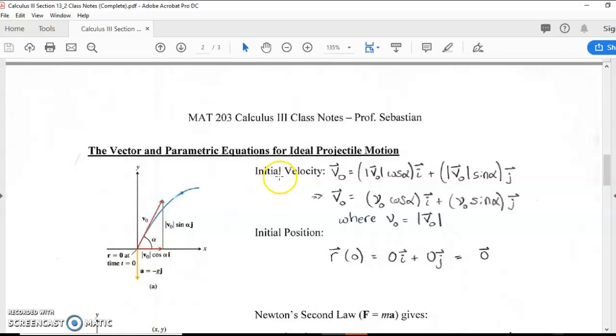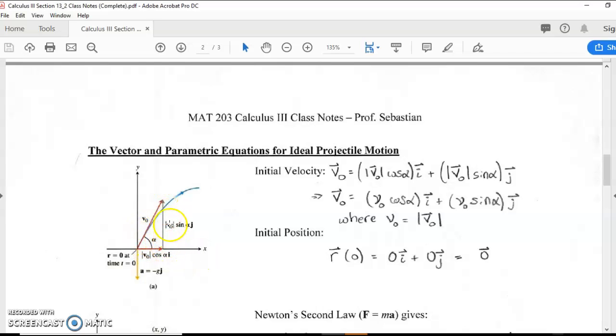So what we have to work with is an initial velocity vector. We call that v naught to indicate that it's the initial velocity vector. And so that initial velocity vector will have a component in the i direction and a component in the j direction. So it's the magnitude of whatever that initial velocity is times the cosine of alpha, where alpha is the angle the projectile makes with the ground level or the x-axis when it's initially shot up.